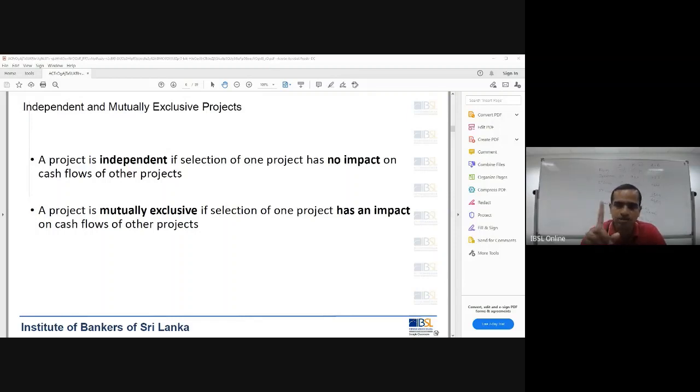You can only have one, right? So that is mutually exclusive. You can't have many, you can have only one. If you have one, that means you can't have anyone else. That's mutually exclusive. But independent, now before you get married, you had many girlfriends. Is that illegal or legal?